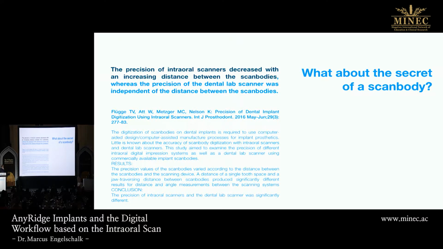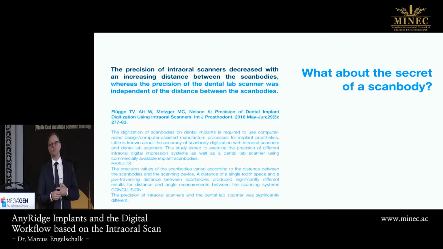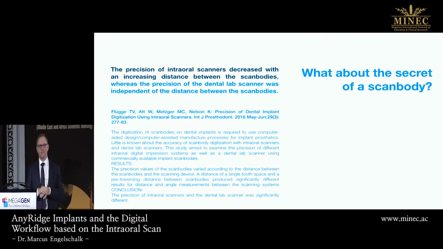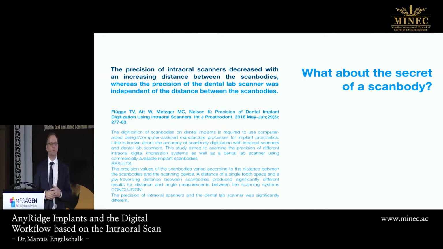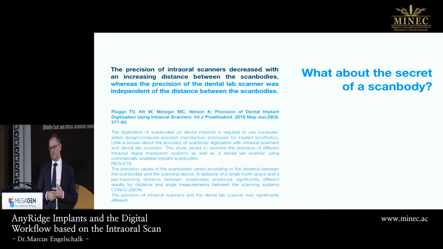The next thing, the precision of an intraoral scanner decreases with an increasing distance between the scan bodies. Normally, if you do just one single implant or a 3-unit bridge, it's not a big problem. But I will show you later two cases of an edentulous full arch where we scan 6 or 8 implants.